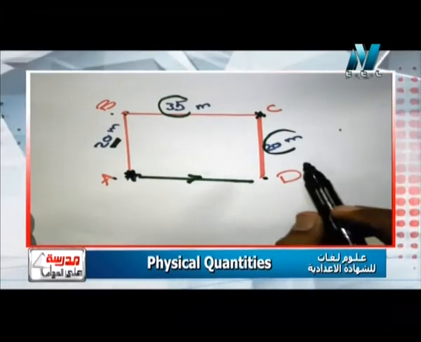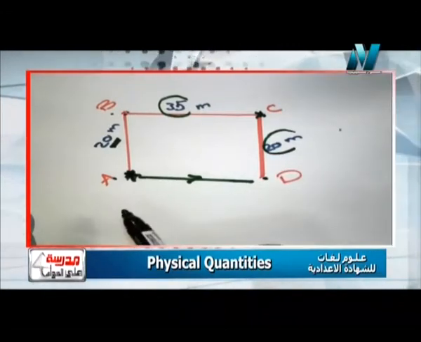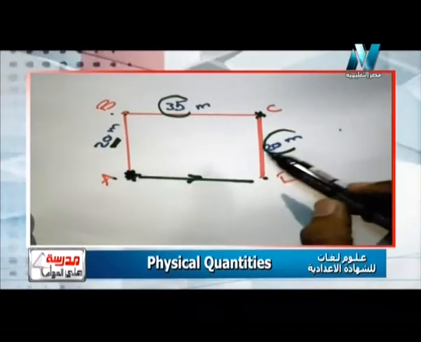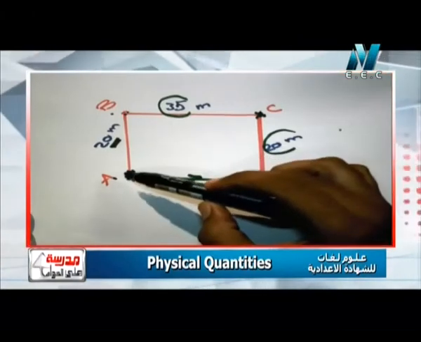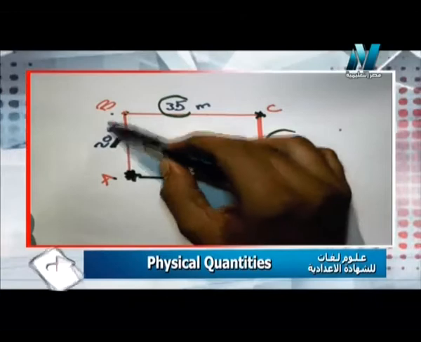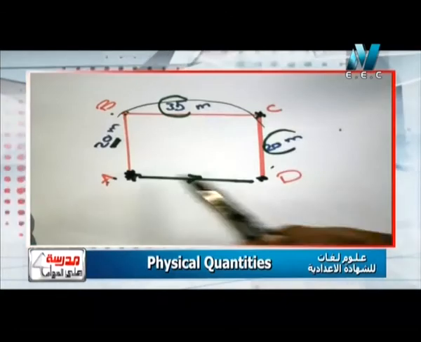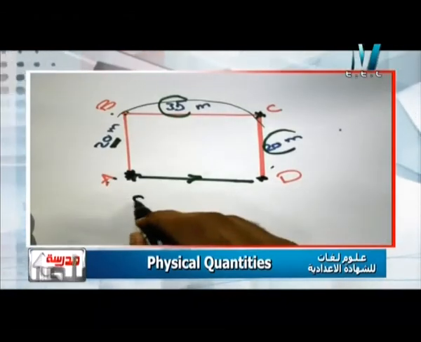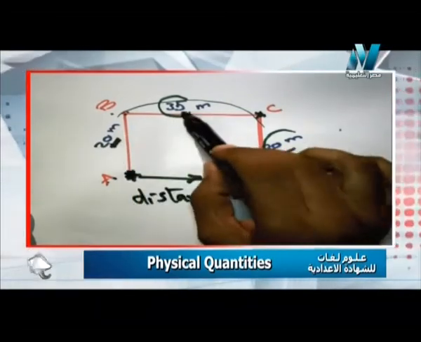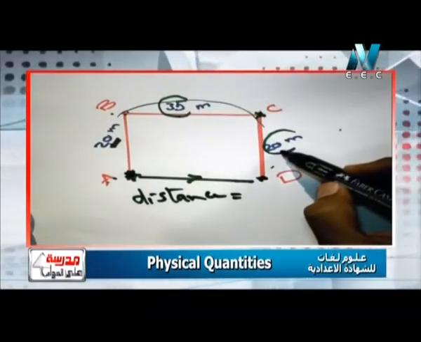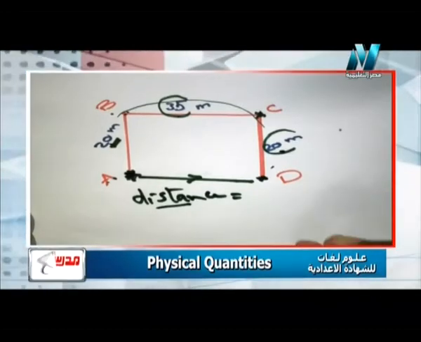By this drawing we can explain the difference between distance and displacement. Here the body starts at A and finishes at D. If we are asked about distance, it is the actual space or length that the body covered from point A to point D. To calculate distance, we say 20 plus 35 plus 20, from A to B to C to D. Here we need the value only.